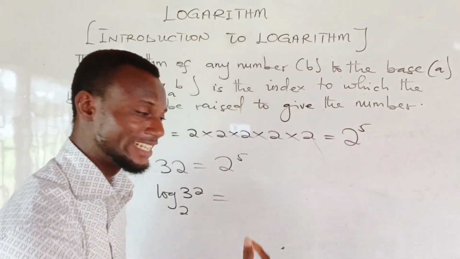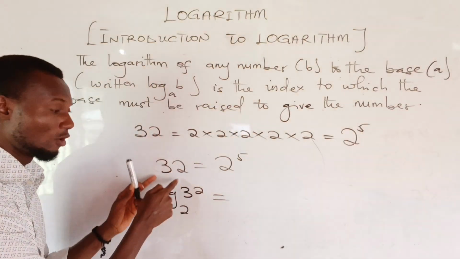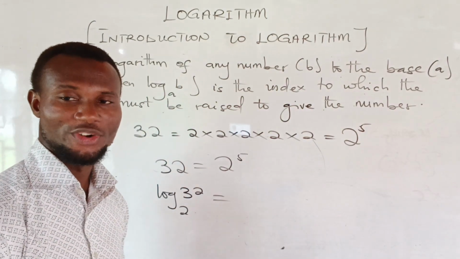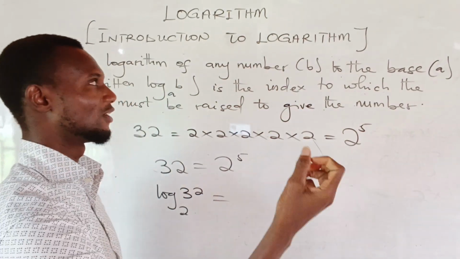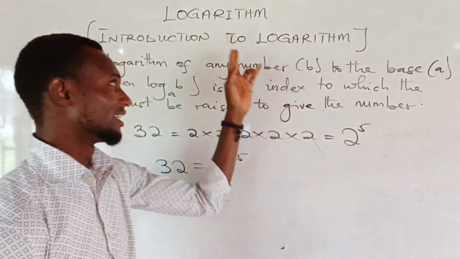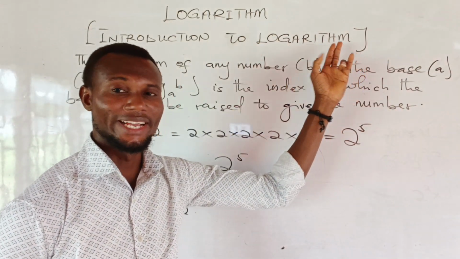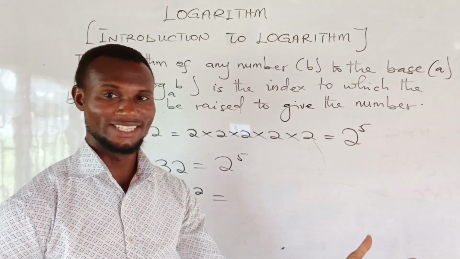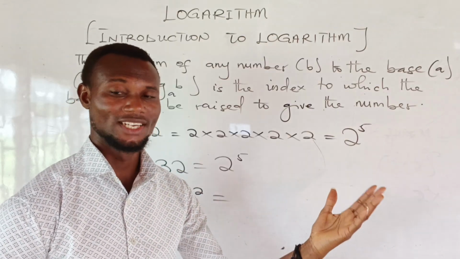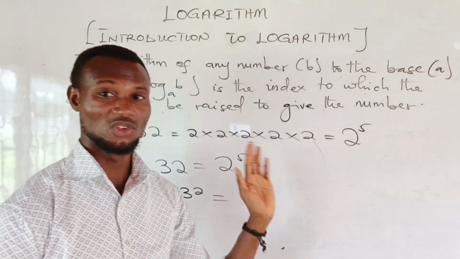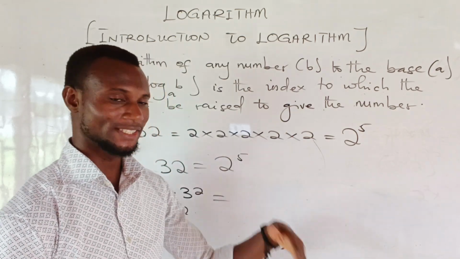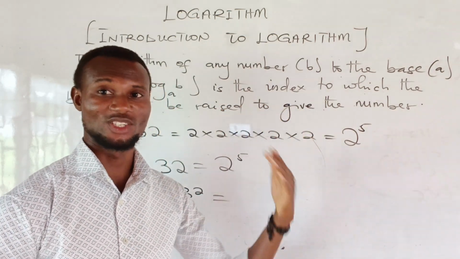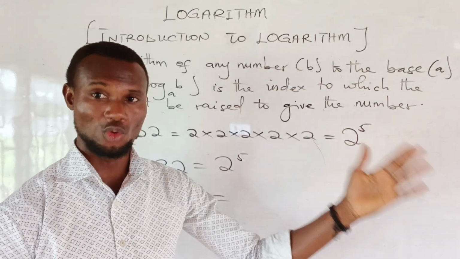The definition is saying that when I take the log of 32, maybe someone is wondering where the log comes from. The log is simply coming from the logarithm. It's just like when we talk about cosine, tangent. When you are writing cosine, you don't spell the whole cosine, you write cos.